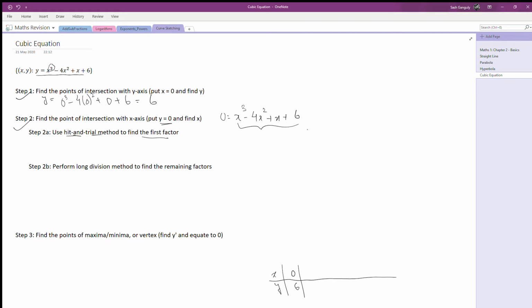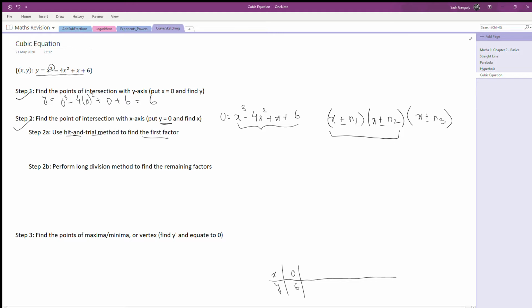Because it's a cubic equation, we'll have x plus or minus n1 times x plus or minus n2, which is what you get if you had a quadratic, x plus some constant, x plus another constant. But now because we have a cubic equation, we'll have another factor, which is x plus or minus n3.